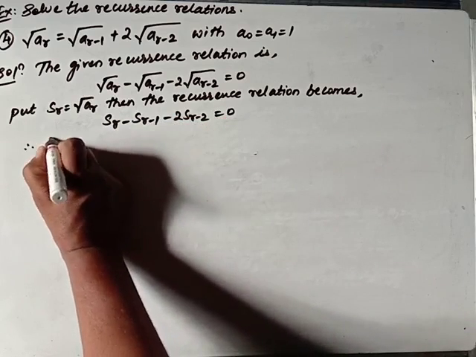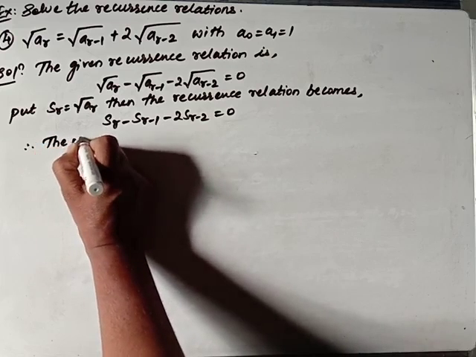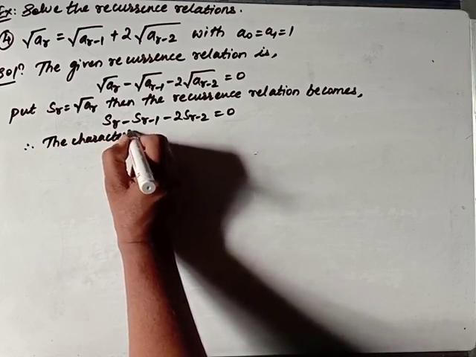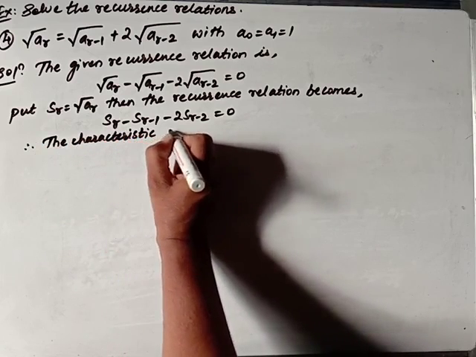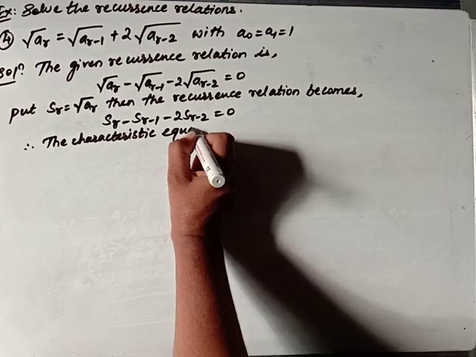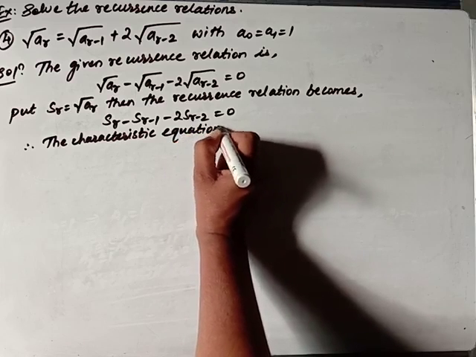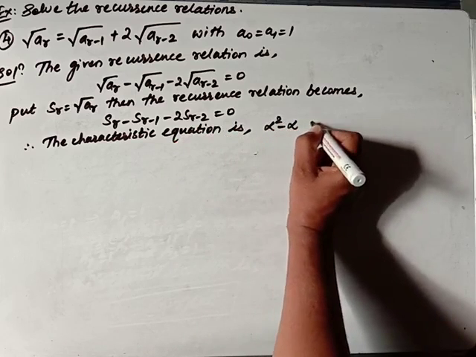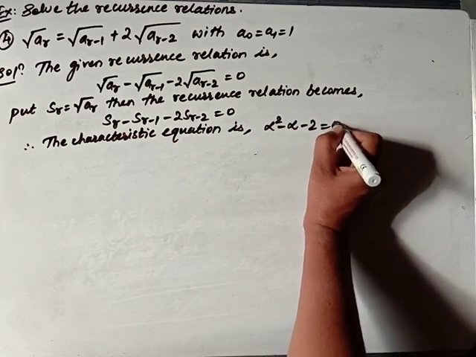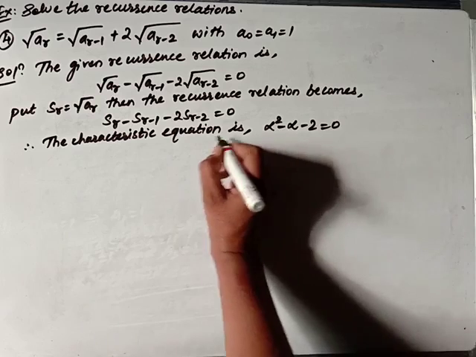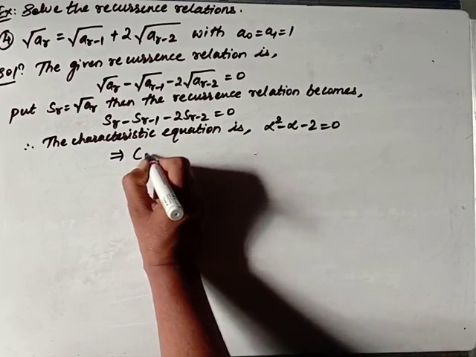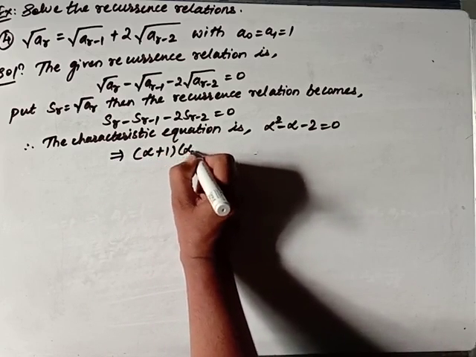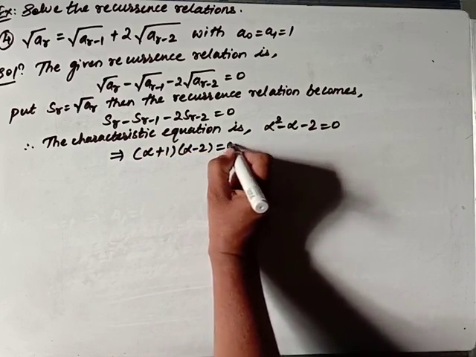Therefore, the characteristic equation is alpha squared minus alpha minus 2 equals 0. That gives the factors (alpha plus 1)(alpha minus 2) equals 0.